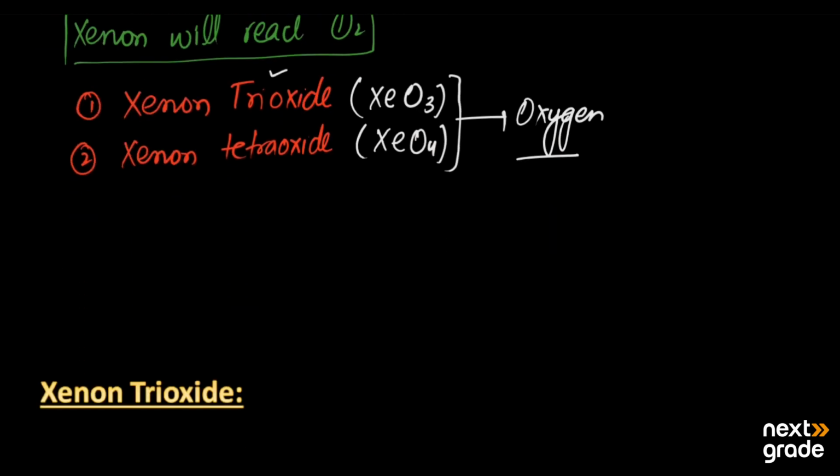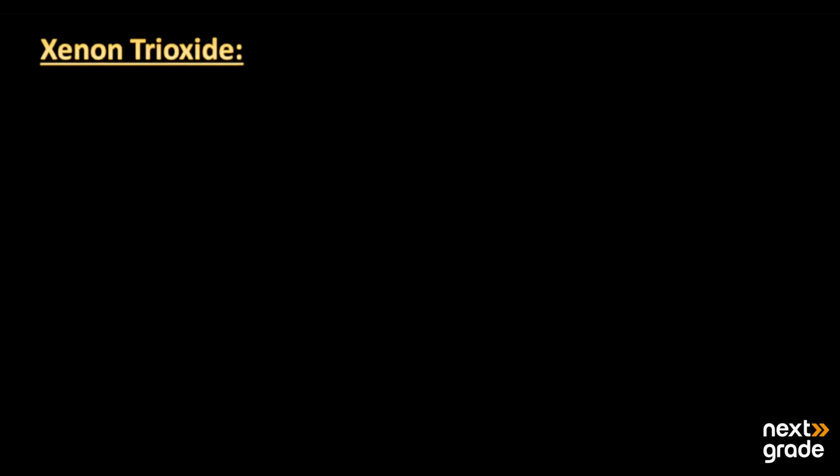So the number one oxide is xenon trioxide. Xenon trioxide can be prepared by one method, which is by the use of xenon hexafluoride, XeF6.